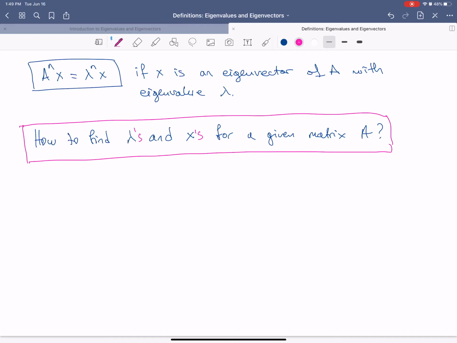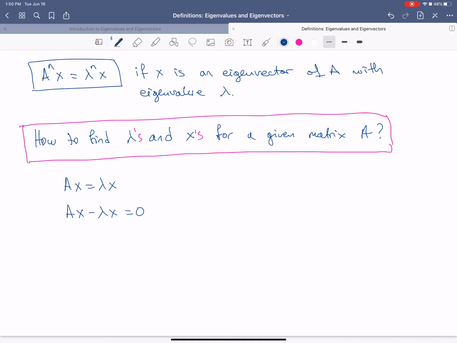Well, the only hope of figuring this out is the definition. So the definition says that A times x must equal lambda x. Now, bringing lambda x on the left-hand side together with Ax gives us 0. Zero is pretty powerful. We know what to do with zeros. In this case, 0 is the zero vector, not a 0 as a scalar.